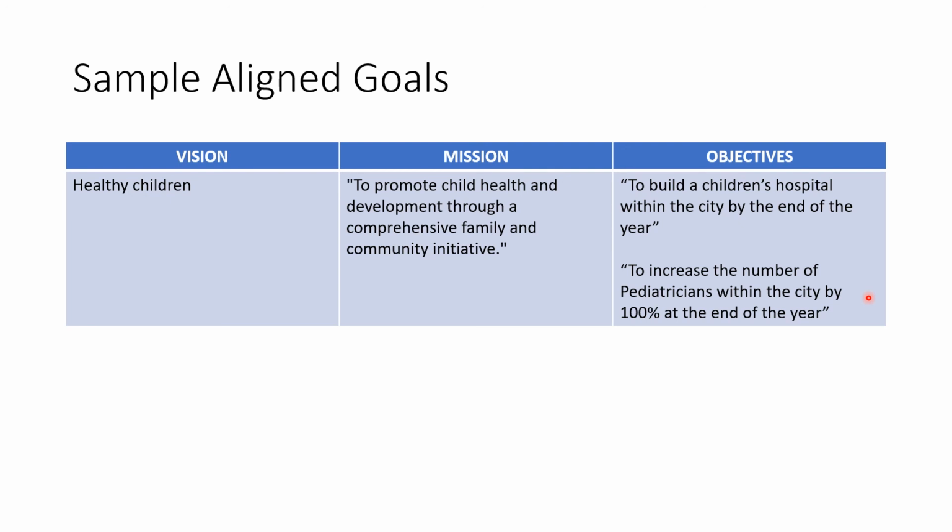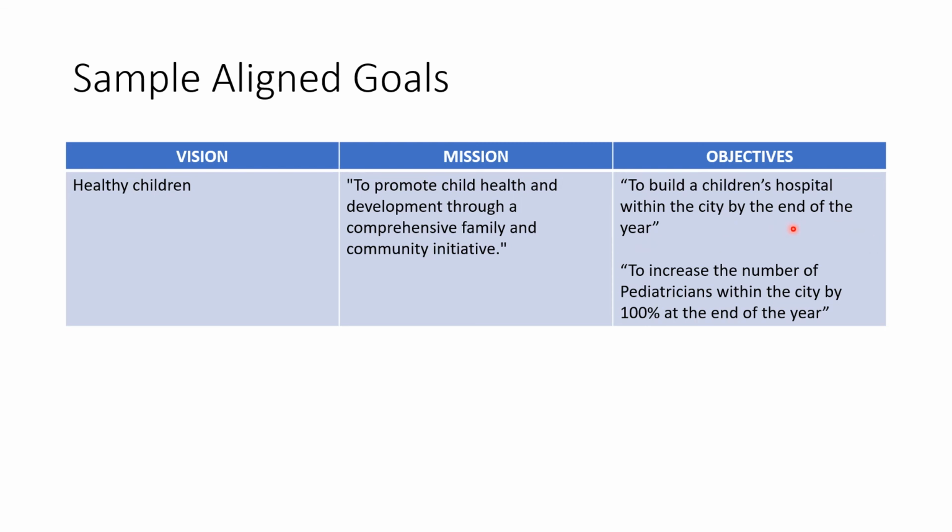Okay. So this is a clear example of aligned vision, mission, and objectives statements. Okay. Once, for example, all these objectives should be achieved by the end of the year. Okay.